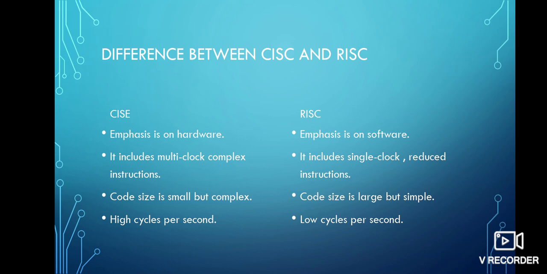In RISC, code size is large but instructions are simple. CISC has high cycles per second; RISC has low cycles per second.